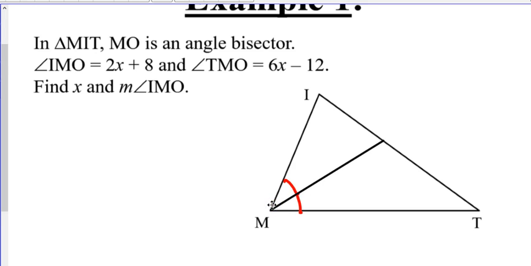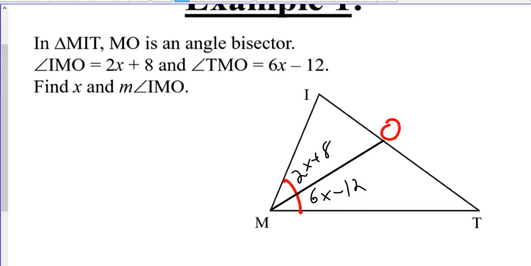All right? Those look pretty similar. Okay? Now, IMO. Here's my O. IMO is 2x plus 8. So this angle here is 2x plus 8. TMO is 6x minus 12.